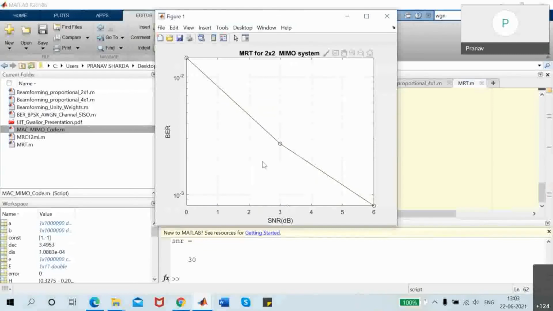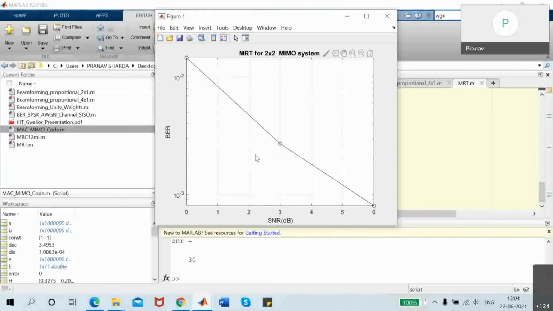This is a plot of the MRT scheme, right? It has to be a waterfall kind of curve. It is not here because it is not a SISO system. We are using MRT at the receiver, so the trend of the BER curve is a bit different as compared to what we have seen earlier.